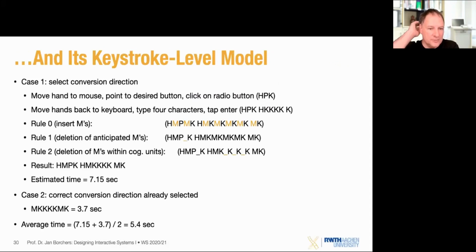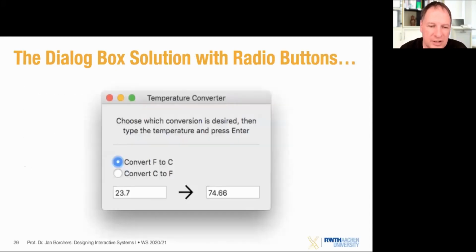We have two basic cases in our interface here. One case is we need to first select the right direction for conversion, right? So if the interface shows Fahrenheit to Celsius and I need to convert the other direction, then I need to first select this other radio button. That's case one.